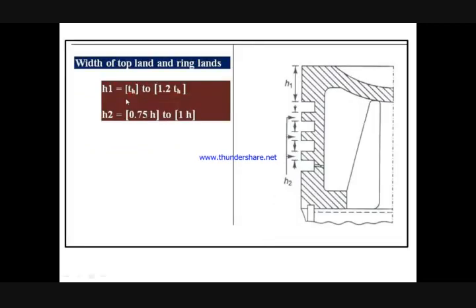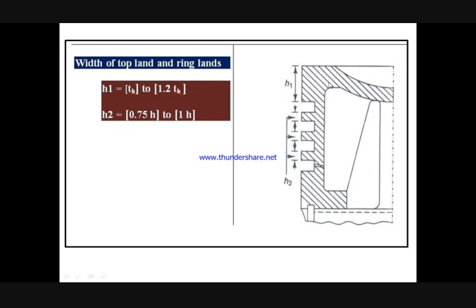So next is the width of top land and ring lands. This is called the width of top land, and these are called the width of ring lands.